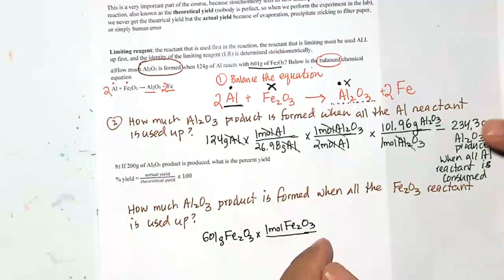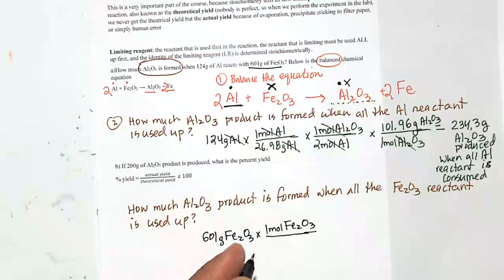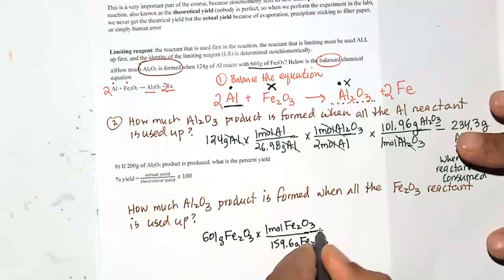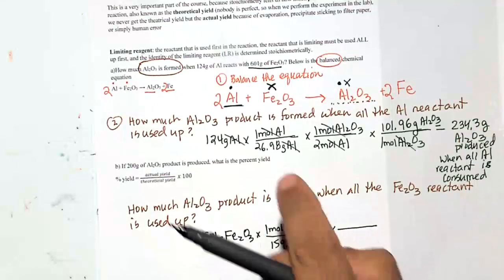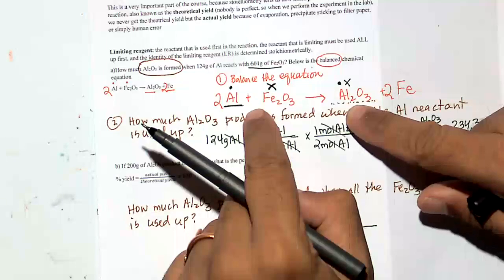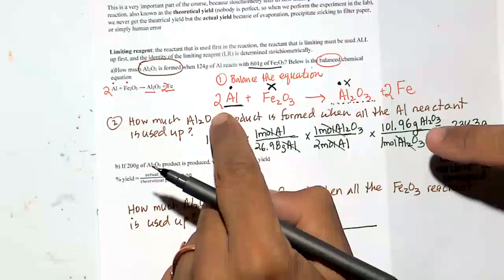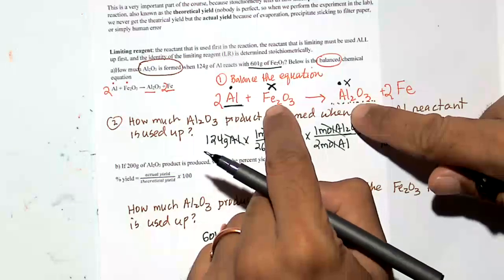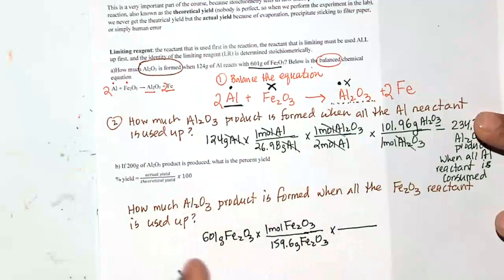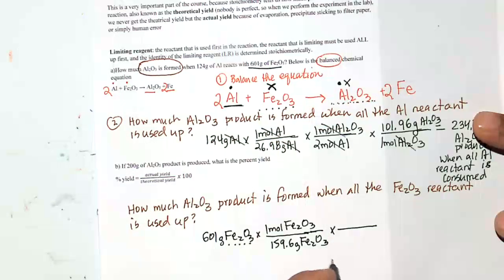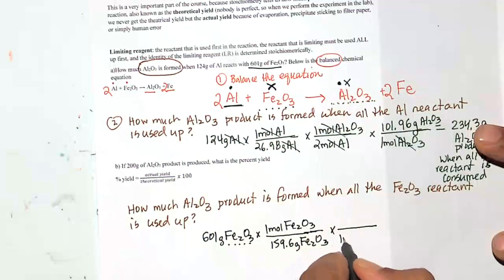I did that already just to save some time, and I got about 159.6 grams of Fe2O3 in 1 mole. What comes next? What's the mole-mole ratio? One to one. So it's a 1-to-1 ratio.